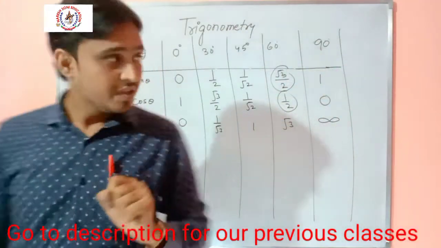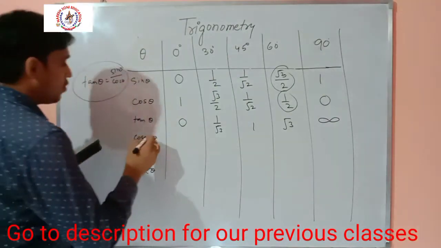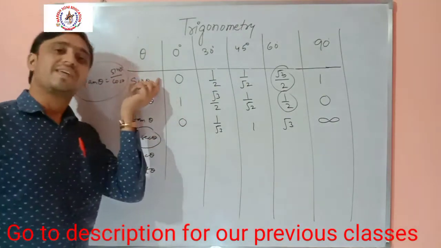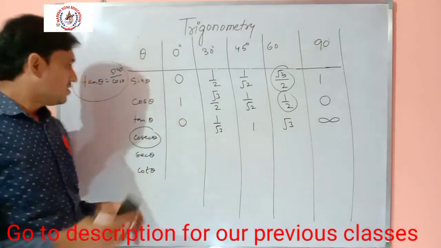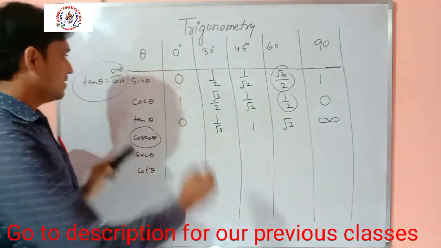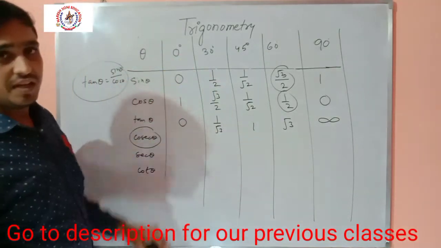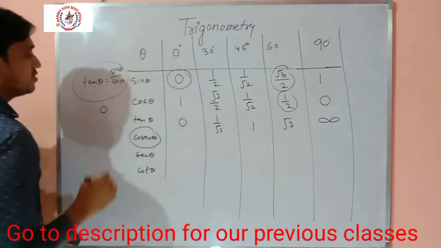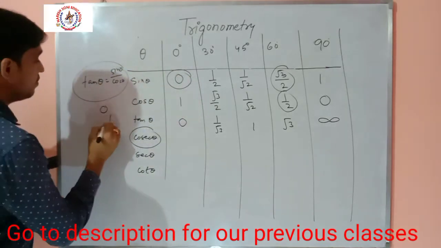Yeah. So guys, next, cosec theta. As I told you, cosec theta is the inverse of sine theta. So the values of sine theta will be inverted. So the inverse of 0 degree, like this is 0, so inverse is 1 upon 0.